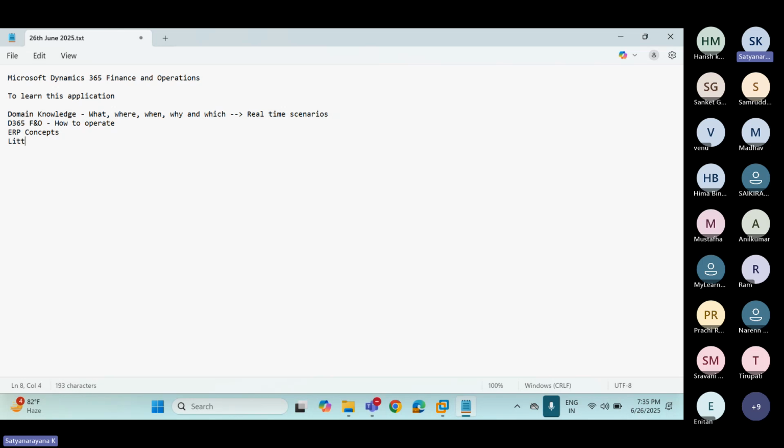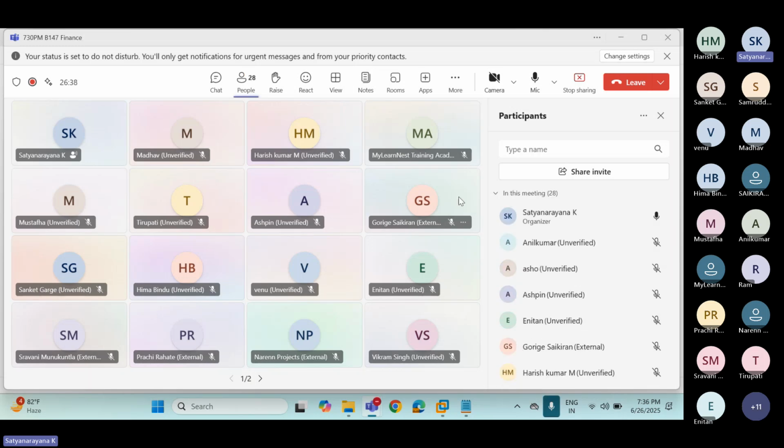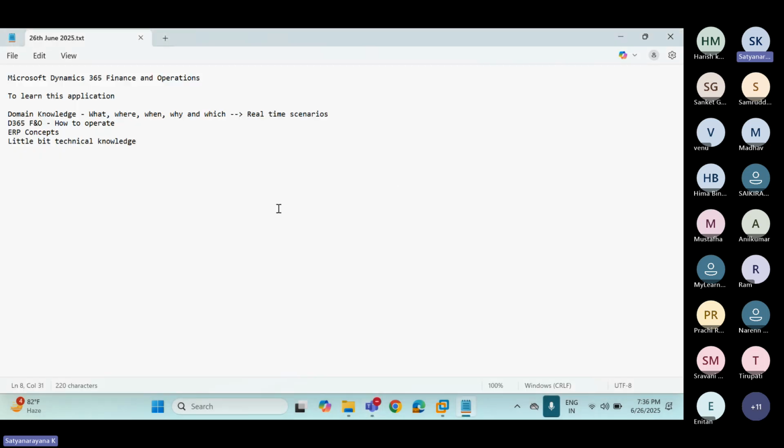Next, a little bit of technical knowledge. Okay, you may ask, what is technical knowledge? As I told you, I'm not a technical expert, but I'm saying a little bit of technical knowledge. That means, suppose you are facing any mobile issues, then you are not an expert in mobile technique.